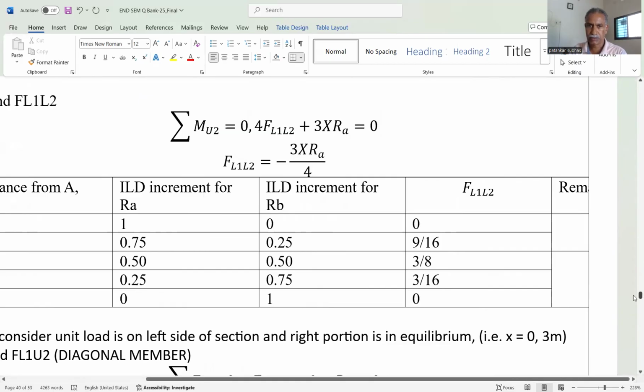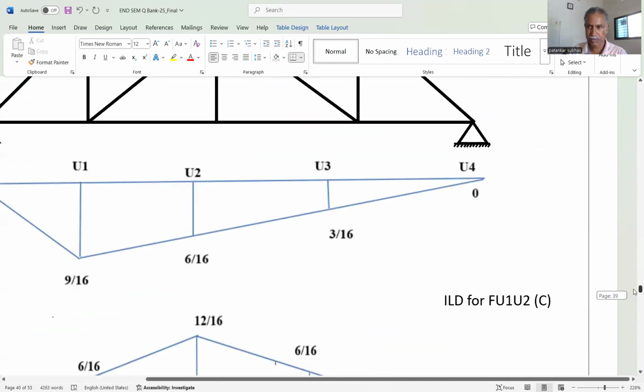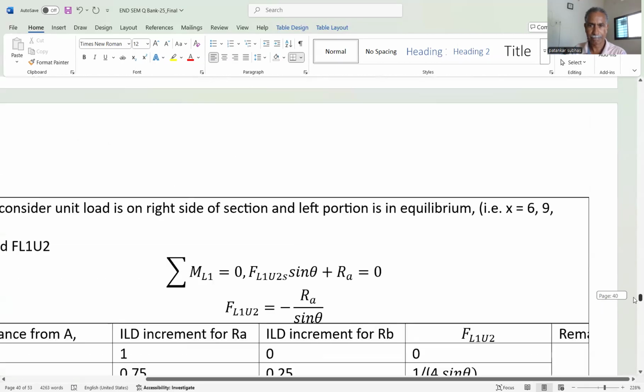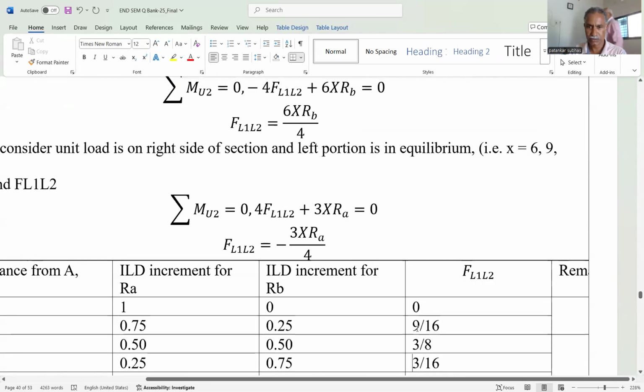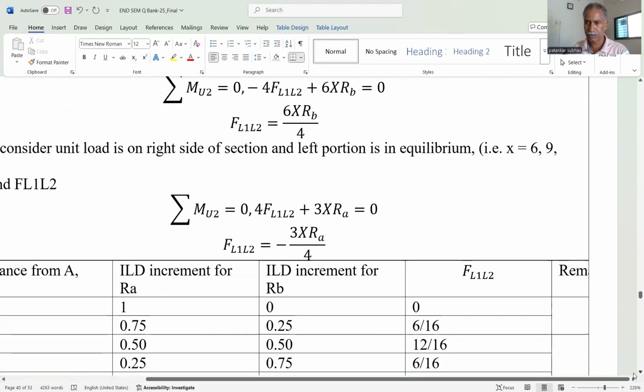And these values are, I have just shown you, 6 by 16, 12 by 16, again 6 by 16, and then 0.